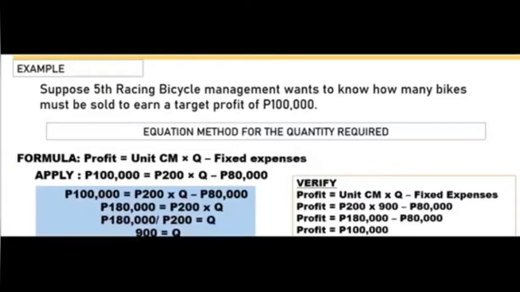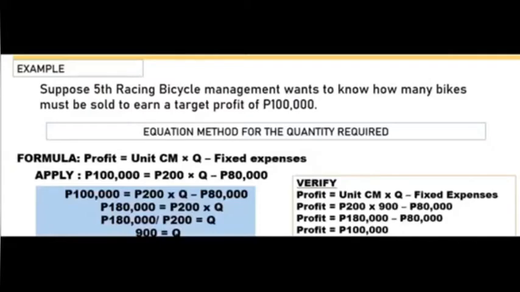For the unit contribution margin, the value given here in the slide was given by my teammates in the previous slide. So we have here the 200 pesos for the unit contribution margin multiplied by the quantity and less fixed expenses, which is equal to 80,000 pesos, also given in the previous slide with my teammates.